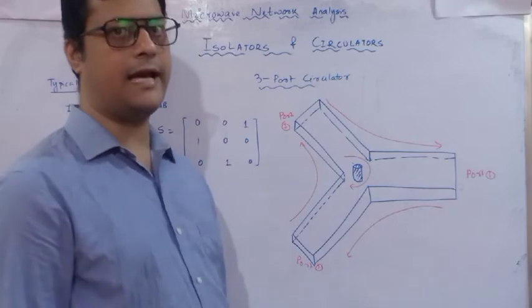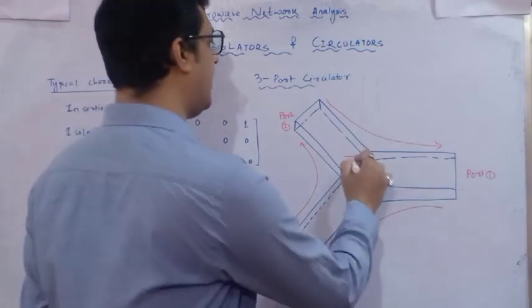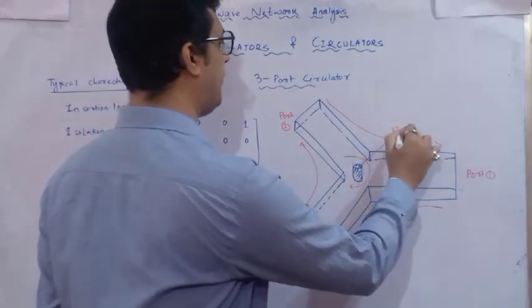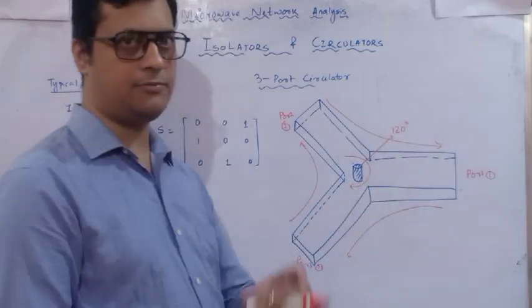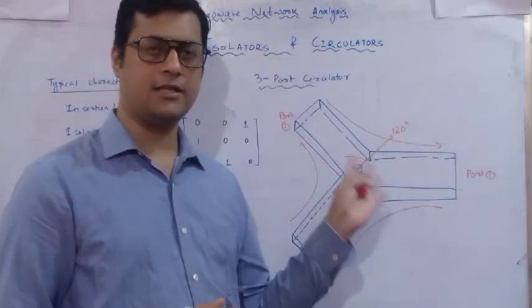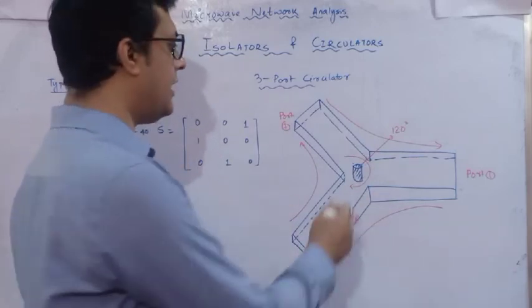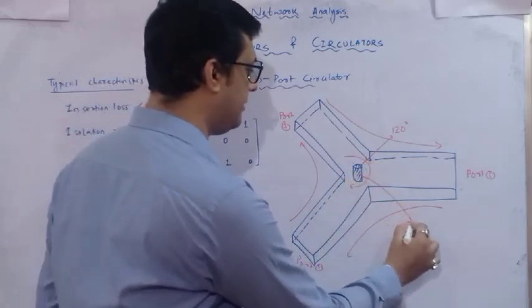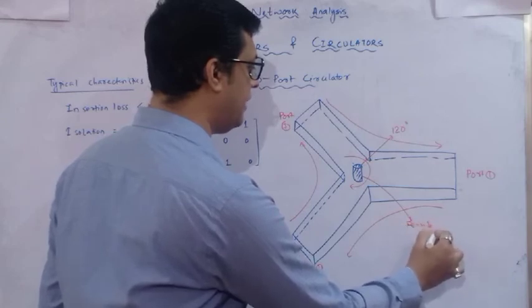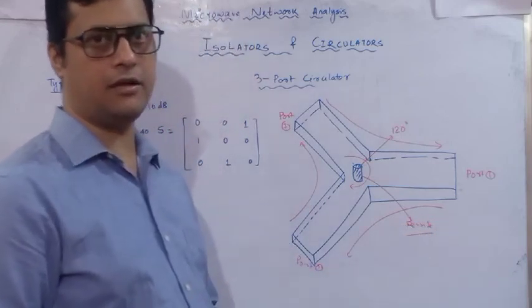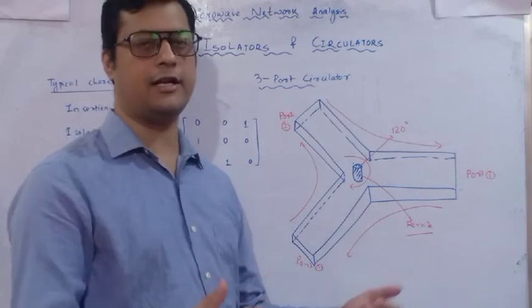But here the angle of rotation, as per the figure, is 120 degrees apart. The 3 ports are separated at an angle of 120 degrees, and there is ferrite material, which will absorb the reflected magnetic field, and it will provide a unidirectional path.